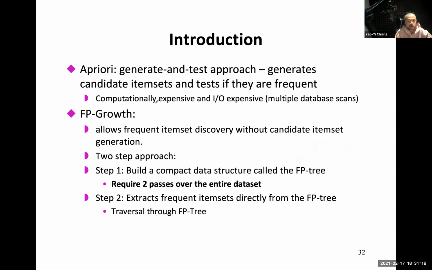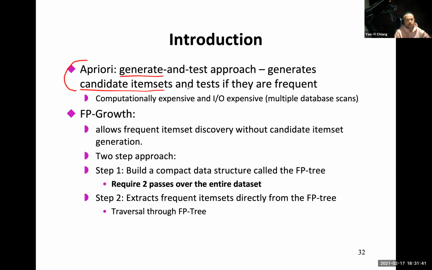All right, so what is FP growth? Remember all the a priori-based algorithms we talked about: a priori, PCY, multi-stage, multi-hash, and what else? Toivonen and SON algorithm. These are all a priori-based. That means we were generating some candidate item sets.